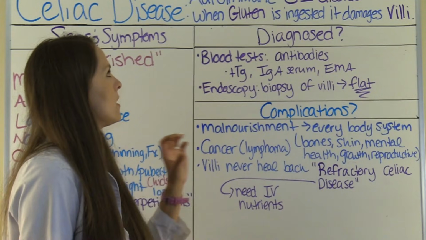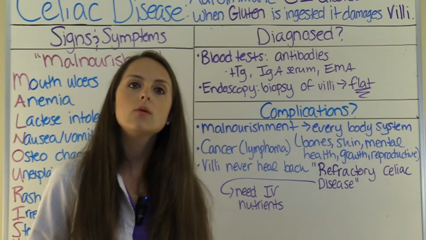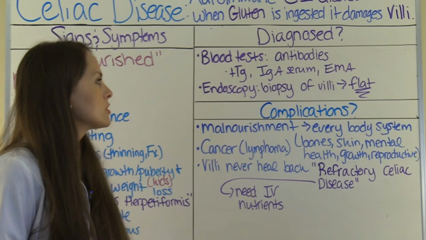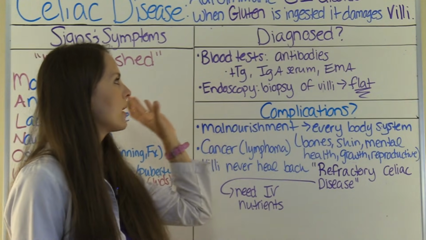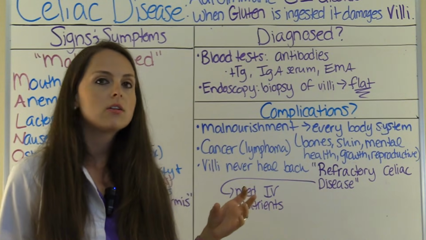Now, let's talk about how celiac is diagnosed. As the nurse, you need to be familiar with what the physician may order so you can talk to your patient if they have any questions, okay? We talked about those antibodies that are formed in the pathophysiology part.